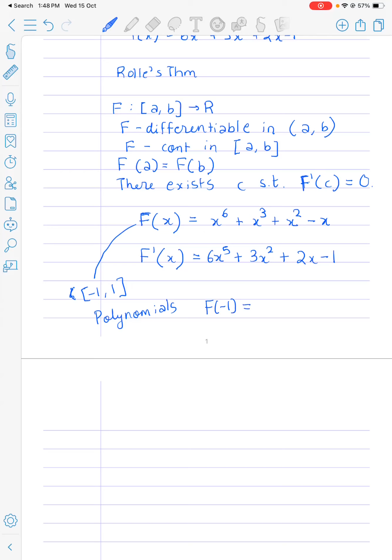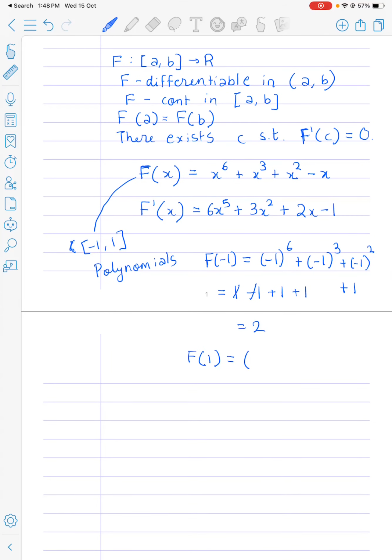You calculate this one. So you will get 1 minus 1 plus 1 plus 1, so you will get 2.